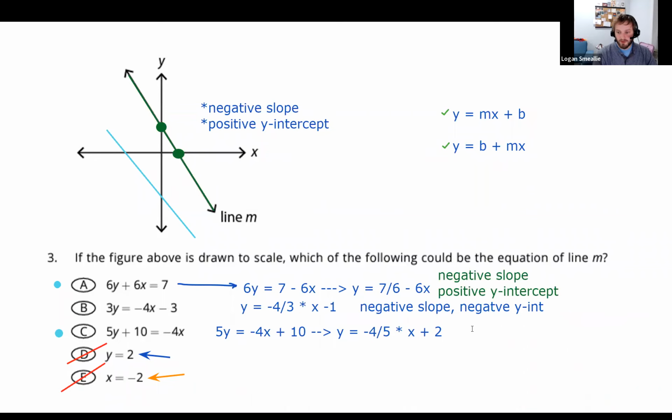This time, did I mess something up? I did. I was supposed to subtract that 10 over here since I moved it to the other side. So it's -10 and then -2 over there. So same deal, negative slope, negative y-intercept. It would look pretty similar to this line.